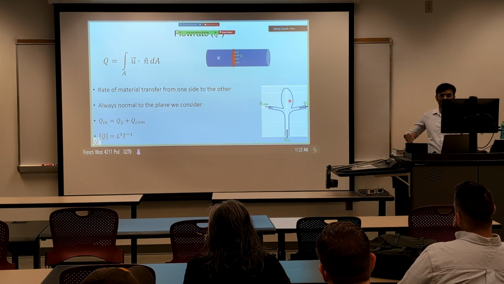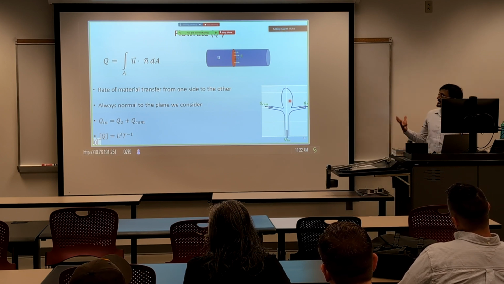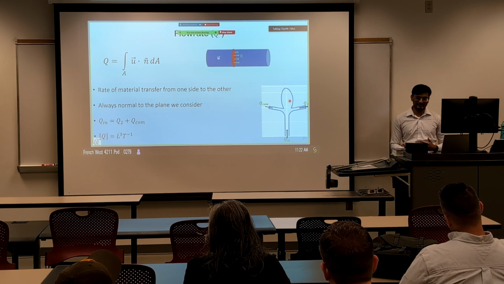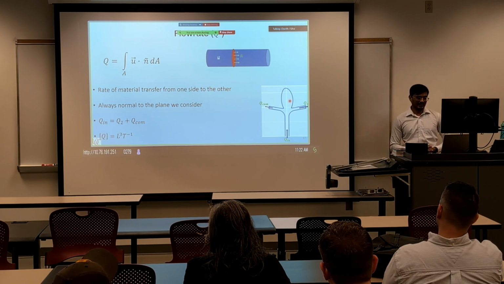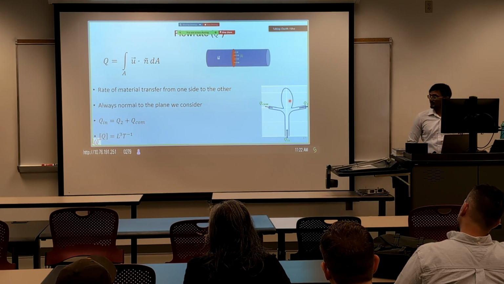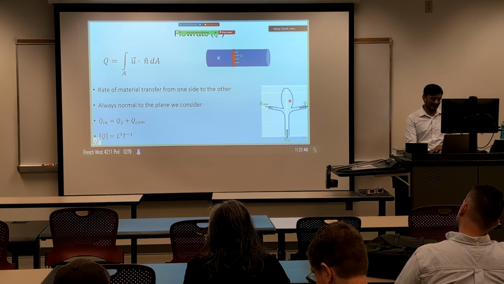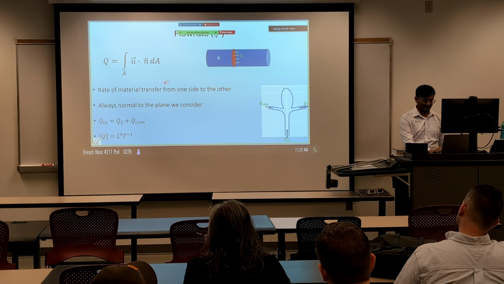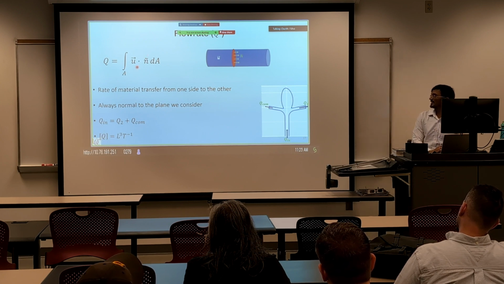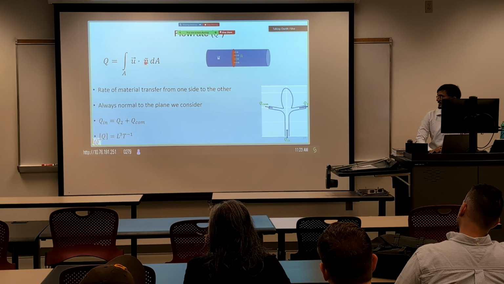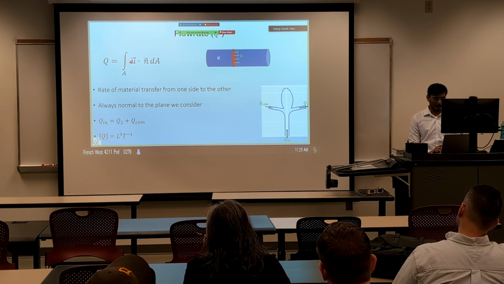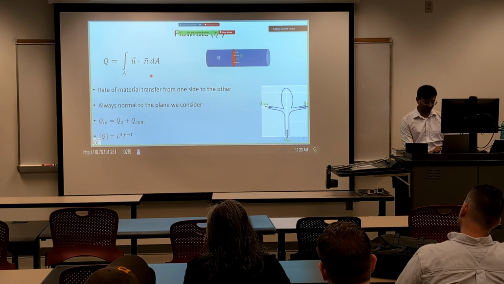The important measurement is the flow rate. Flow rate is basically the rate of transfer of material from one side to the other, and it is always normal to the plane that we consider. So it can be calculated as the integral of the velocity dotted with the normal. And as we have already found the velocity, we can perform this calculation.